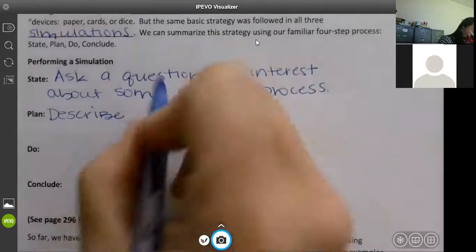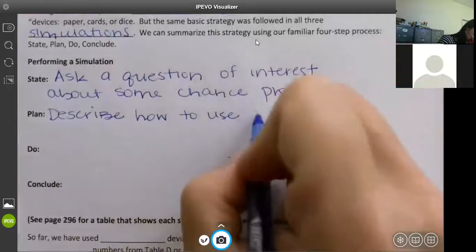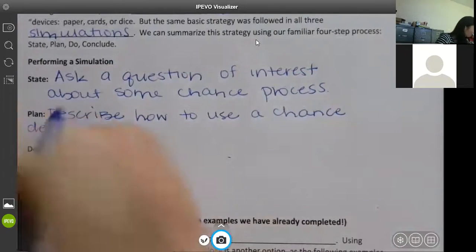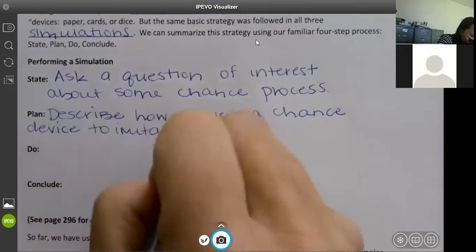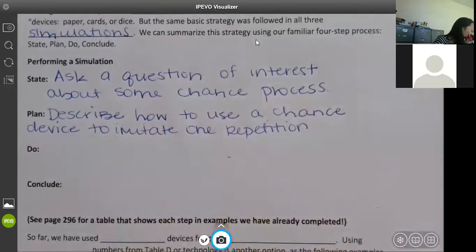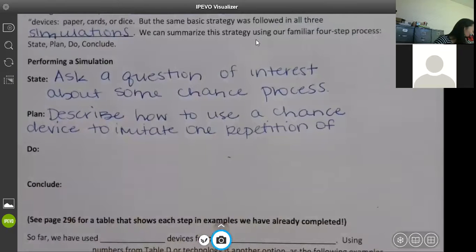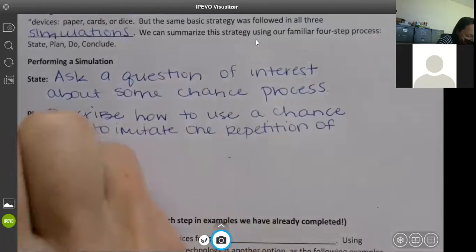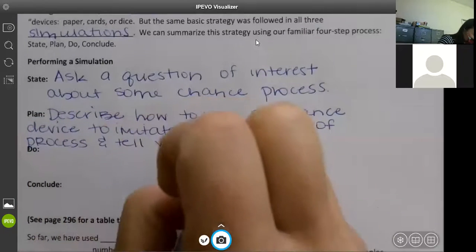To plan, you're going to describe how to use a chance device to imitate 1 repetition of the process, and make sure you tell what you will record.